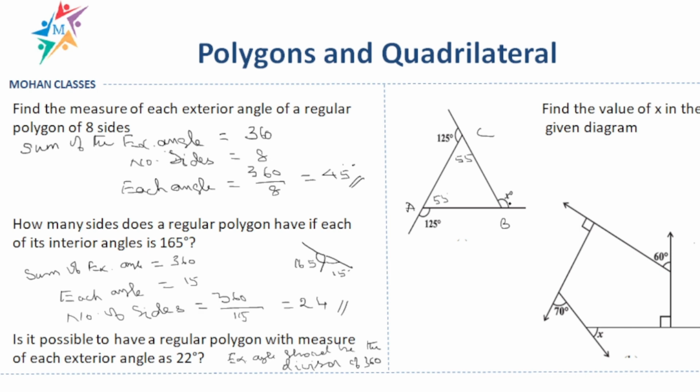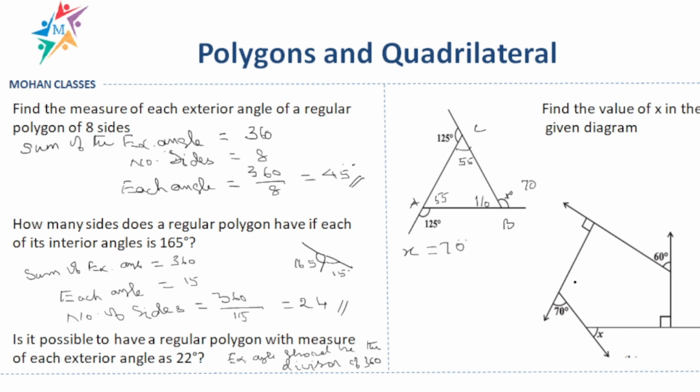The exterior angle of a triangle is the sum of its two opposite interior angles. That means 55 plus 55 is 110, so 110 is the exterior angle of the triangle. So this will be 70 degrees. Now 55 plus 55 is 110, 110 plus 70 is 180, the sum of the angles of a triangle. Here x is equal to 110. Clear?